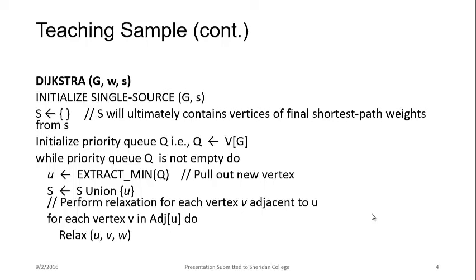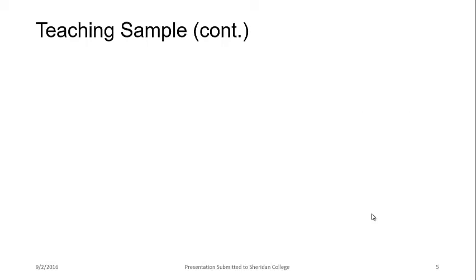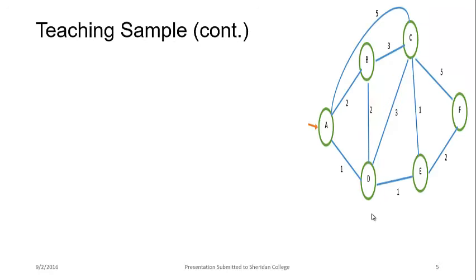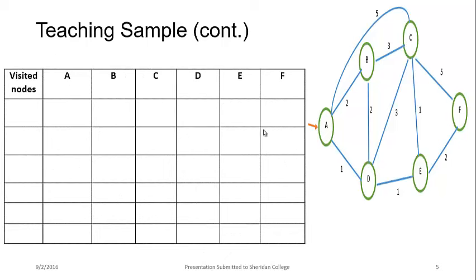I'm not going through it, but you know it, and then we try to solve one of the problems using Dijkstra algorithm. So the problem is we have a diagram like this, and this is the mental model. So we're trying to find out the shortest path.